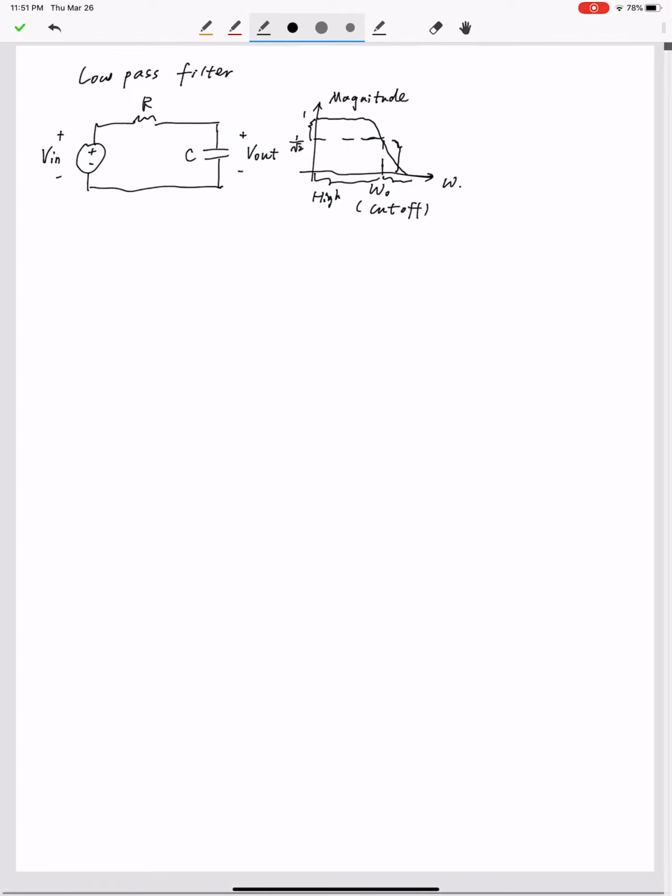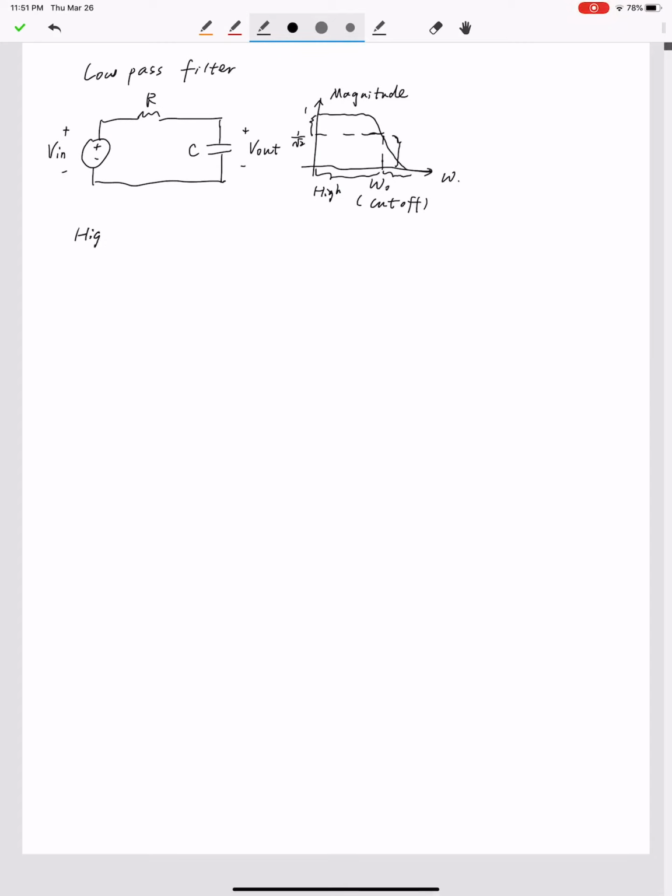And also we have introduced the high pass filter. A high pass filter shares the same circuit with the low pass filter. We can also use an RC circuit to build a high pass filter, but the difference is that now the output voltage is across the resistor instead of the capacitor, right?